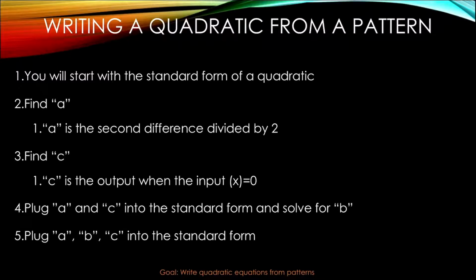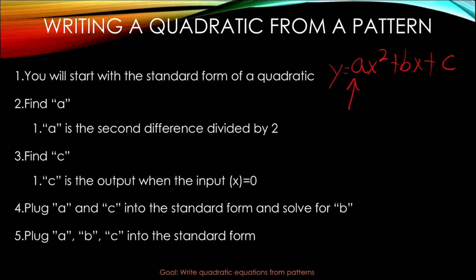Alright, so here is writing a standard form of a quadratic. You will start with the standard form of a quadratic, meaning y equals ax squared plus bx plus c. We're going to fill in each of these parts. So finding a, to find this a term, it's the second difference divided by 2.